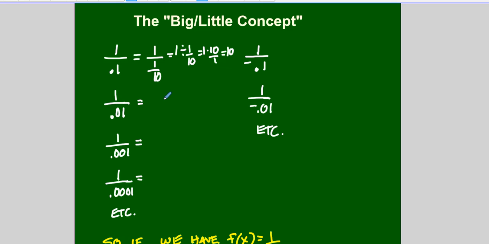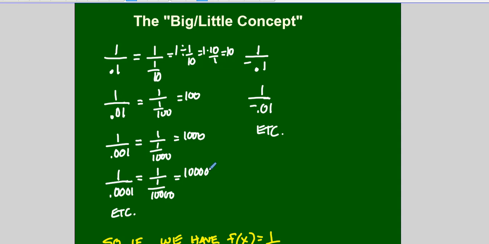This is 1 over 1/100th, which will equal 100. So notice as I keep my numerator fixed and shrink my denominator, these numbers are going to get larger and larger. This would be 1 over 1/1000, which is 1000. 1 over 0.001 is 1 over 1/10,000, which is 10,000.